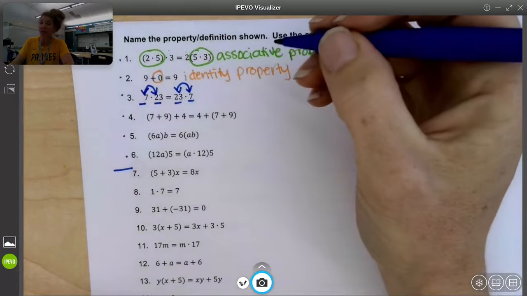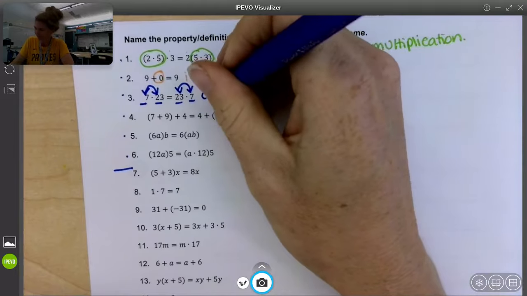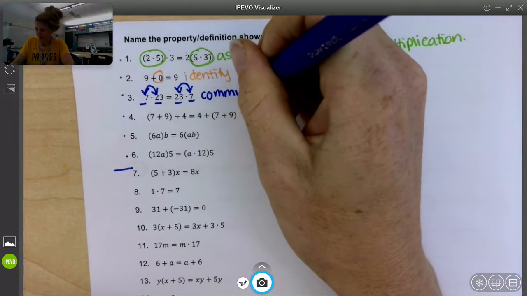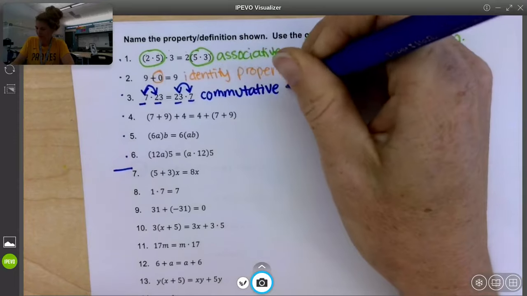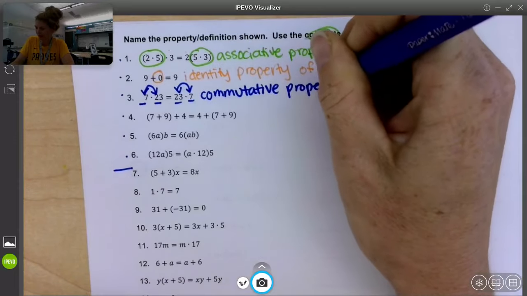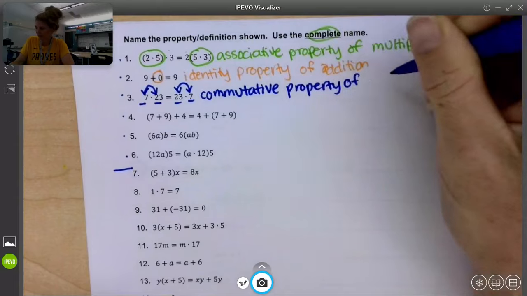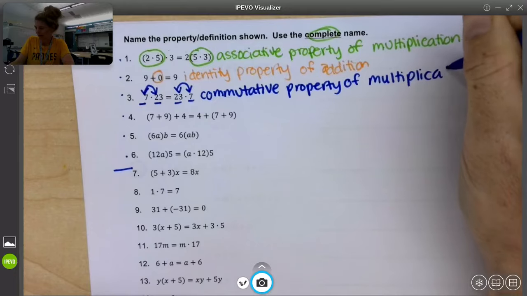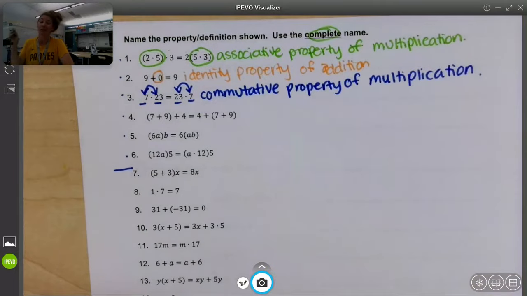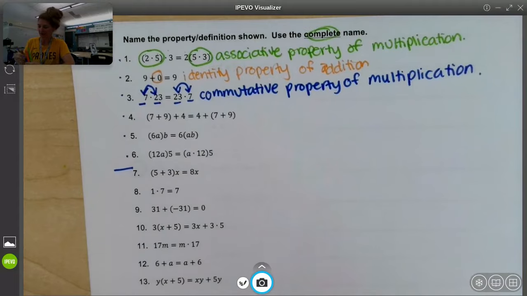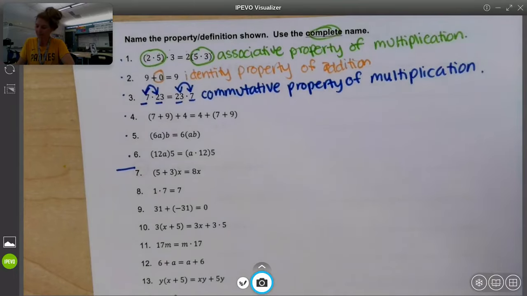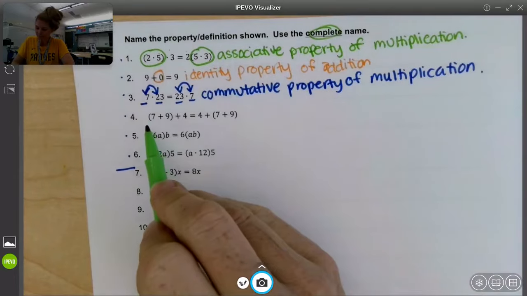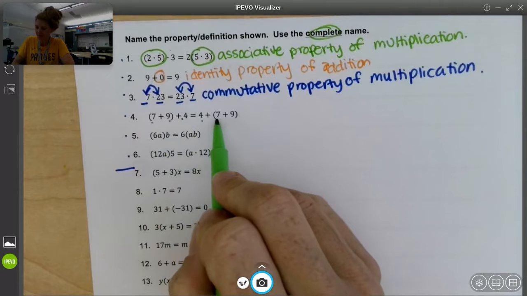Oh, that's right, the commutative property of multiplication. And flashcards could be a great idea for these properties so you know and understand them super well for the exam.